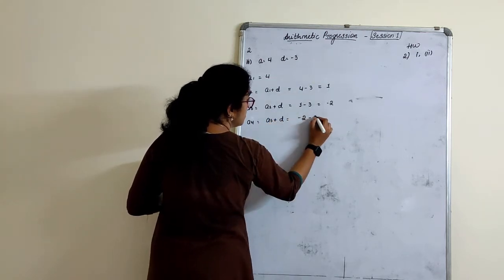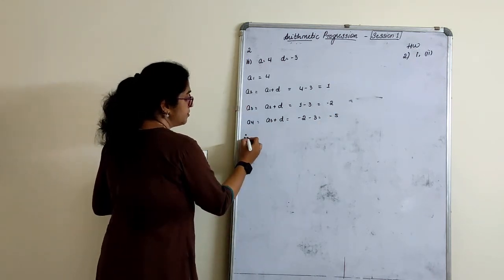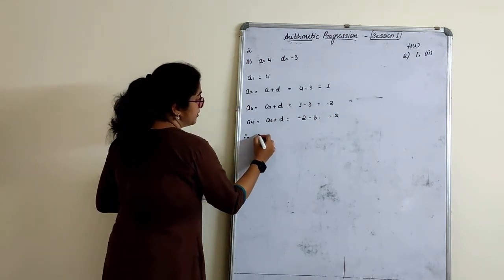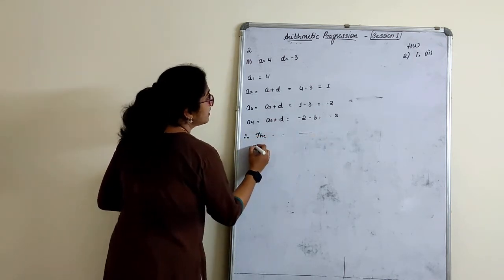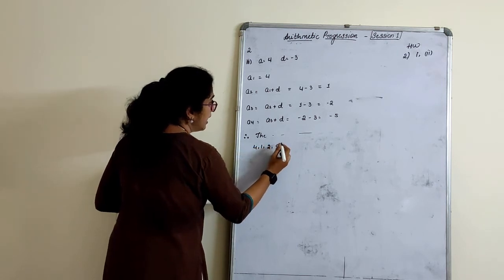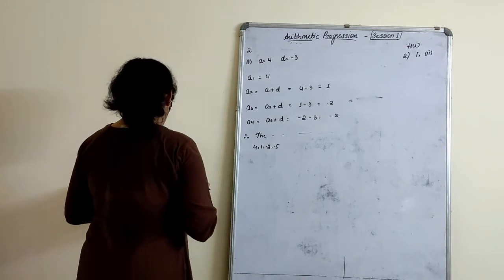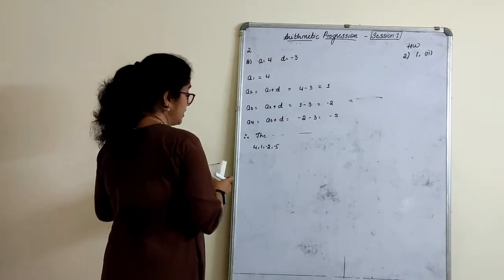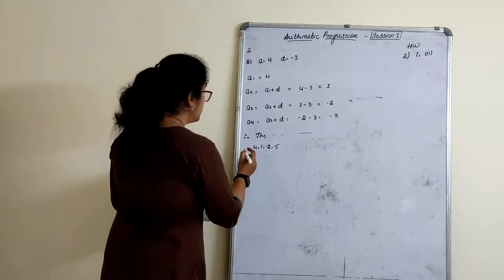And this is -3. Answer is -5. Therefore, the first four terms of AP are 4, 1, -2 and -5.